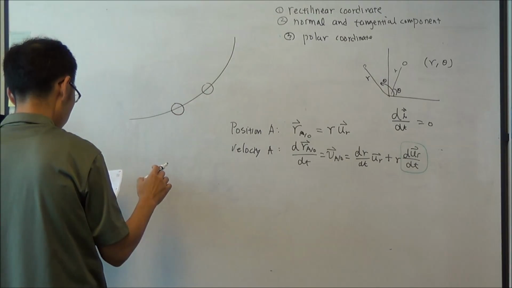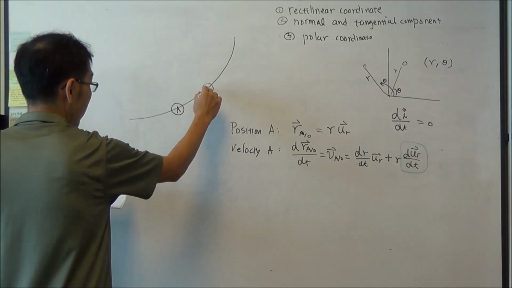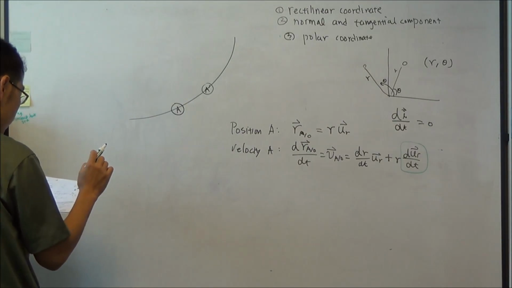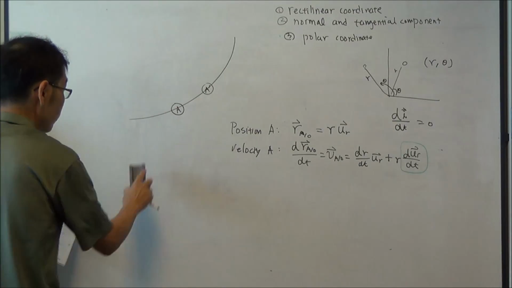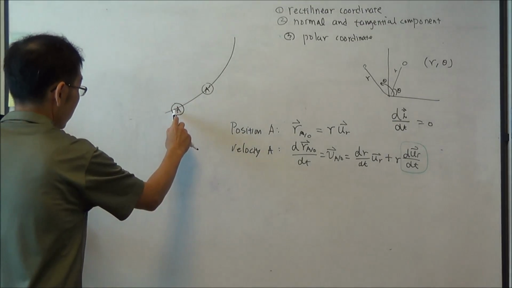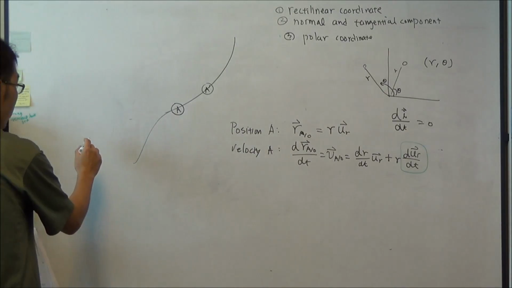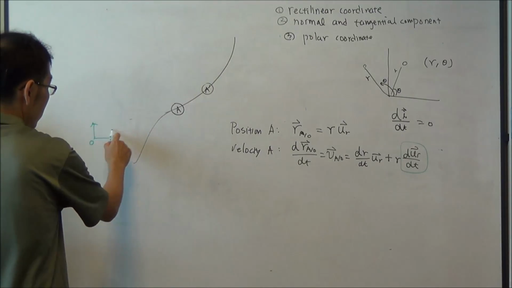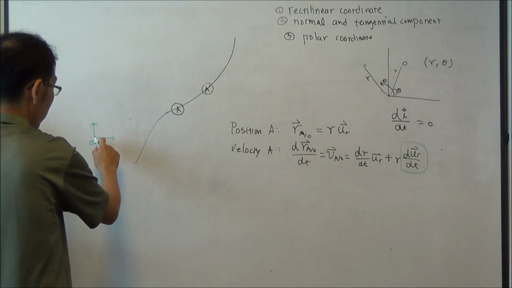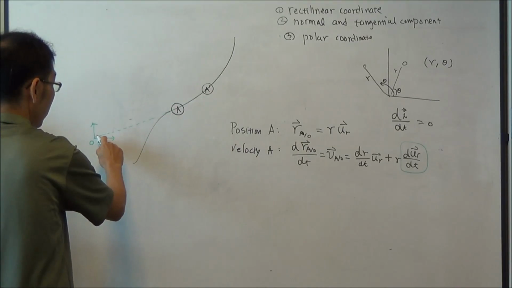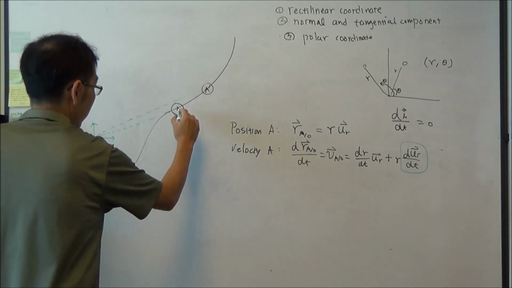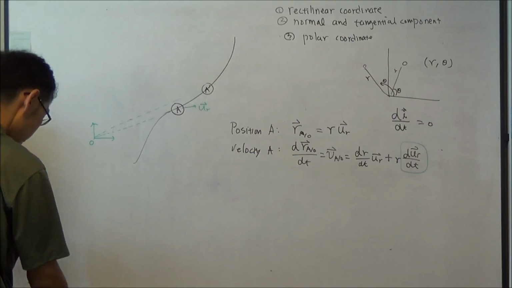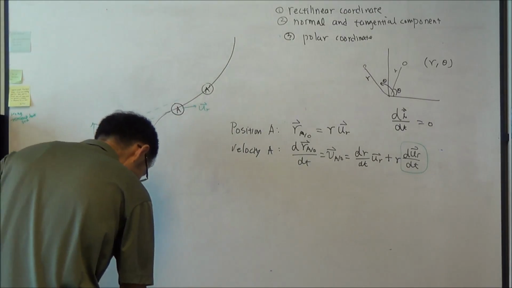Okay, so let's say this is the A position and the A prime position, at this time and this time. Let's say our origin is about here. Which means this is my r, and this is my r, and then this is my u_r direction. Okay, so let me just use another color.